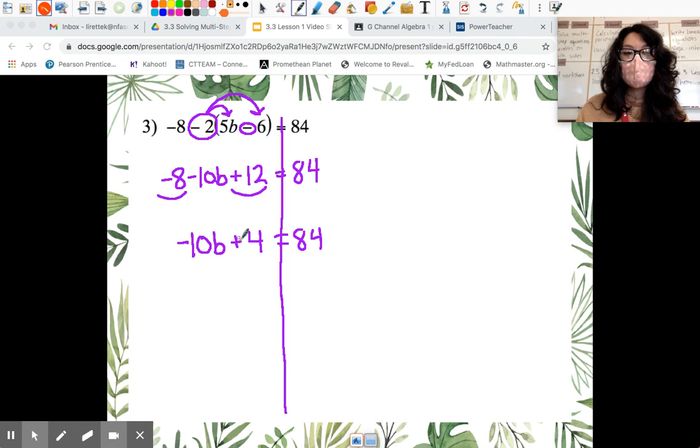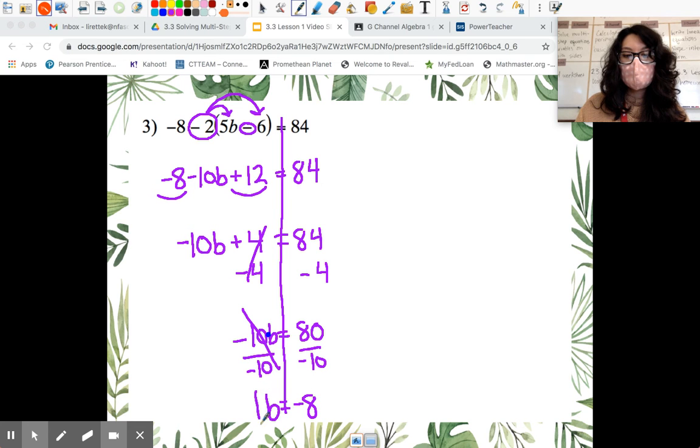I undo my positive constant first by subtracting it once from each side. That's going to leave me with negative 10b equals 80. 84 minus 4 is 80. This number touching the variable implies multiplication. So again, the inverse of multiplying with negative 10 is to divide by negative 10. 80 divided by negative 10 gives me negative 8.